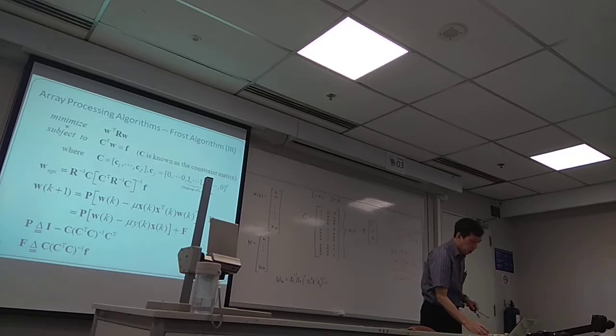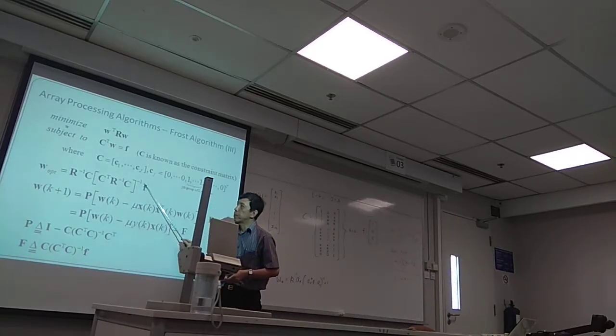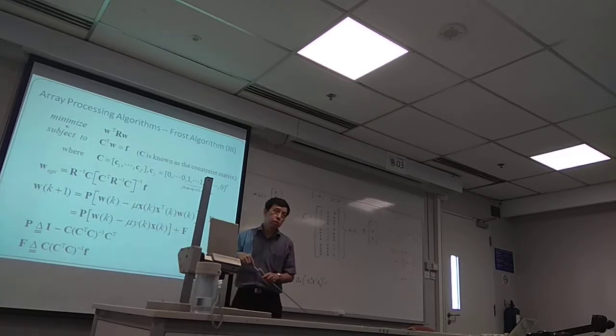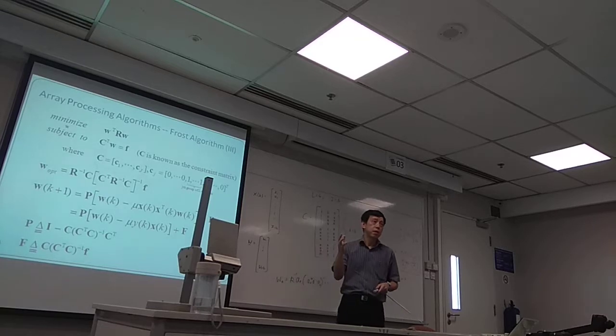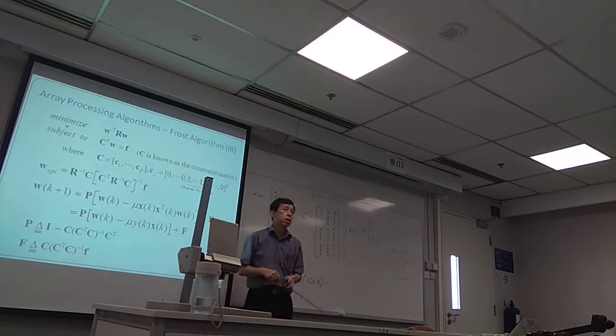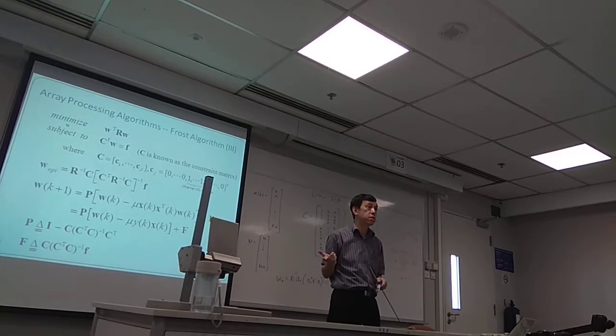Okay, so now to solve for the weight factor, you can compute this with matrix inversion involved. Now imagine if you have 100 by 100 elements, 100 antennas by 100 taps, then what would be the size of the matrix R? It will be huge. 100 times 100, that is what? 10,000.